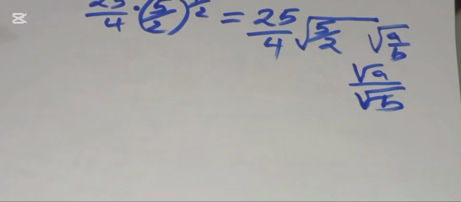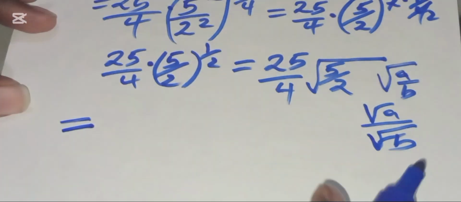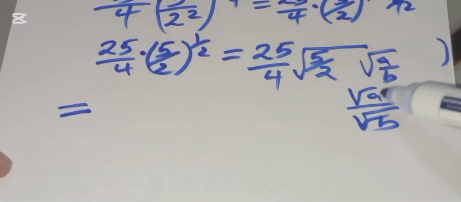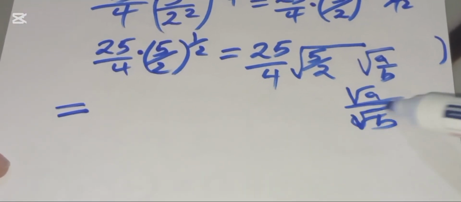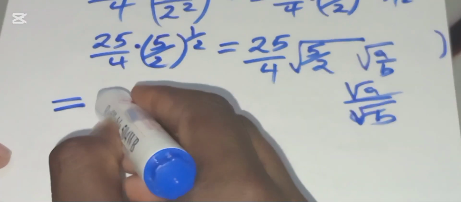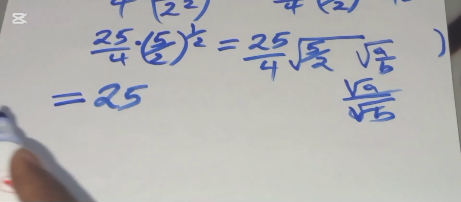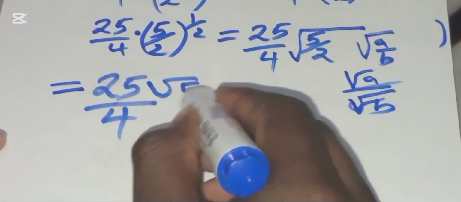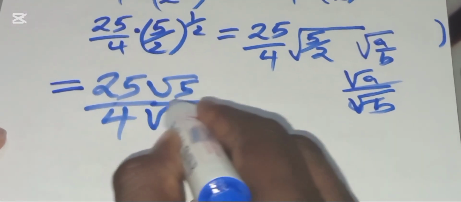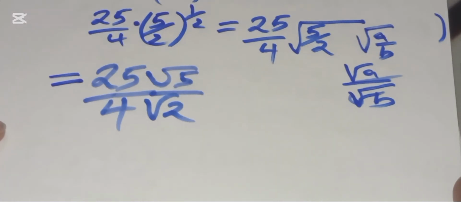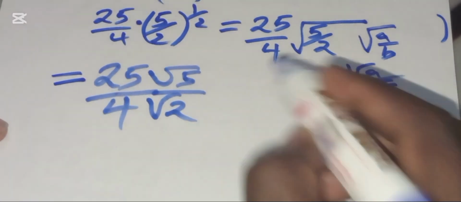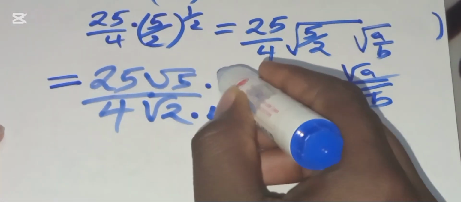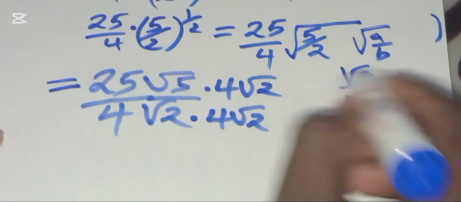Okay, now applying this property, we can express this as 25 divided by 4 multiplied by the square root of 5 divided by the square root of 2. So the next thing here is to rationalize the denominator by multiplying by the square root of 2, and also the numerator by multiplying by the square root of 2.